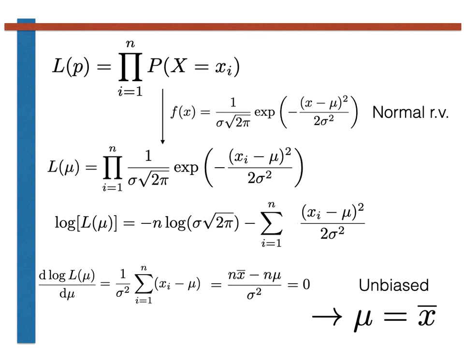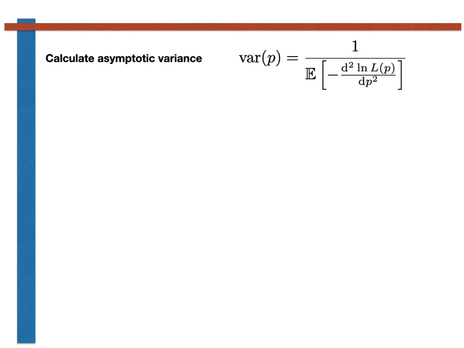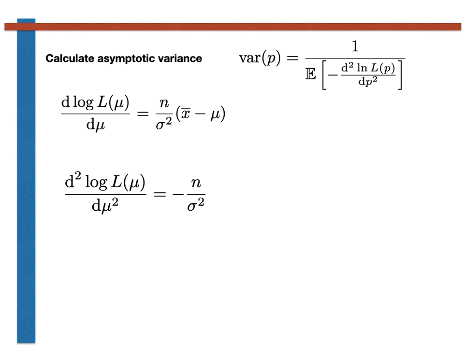For the asymptotic variance, we use the expression shown at the top of this slide. We can recall from our previous slide that the first derivative of the logarithm of the likelihood is given by the following expression. The second derivative is thus minus n divided by sigma squared. There is nothing random in this expression, so we can insert it directly in for the expectation here.